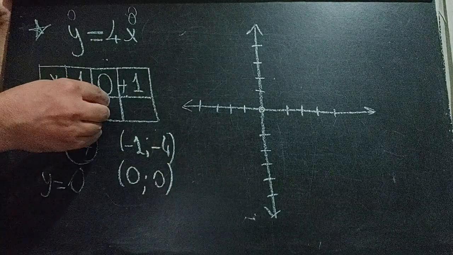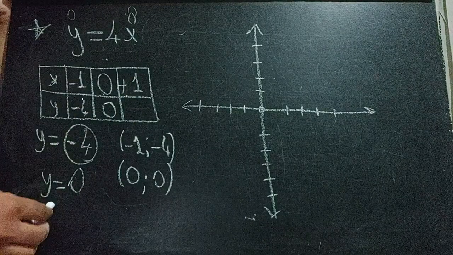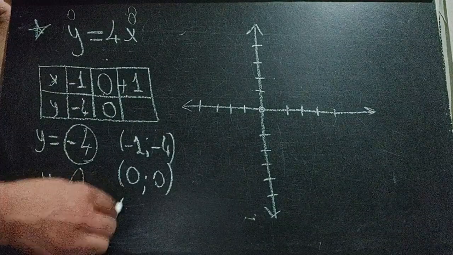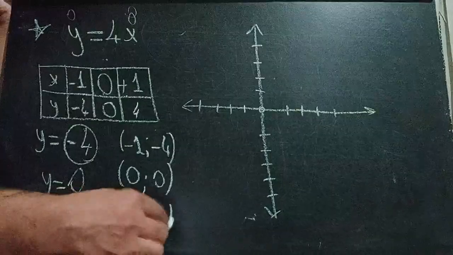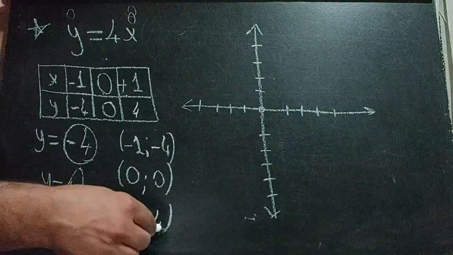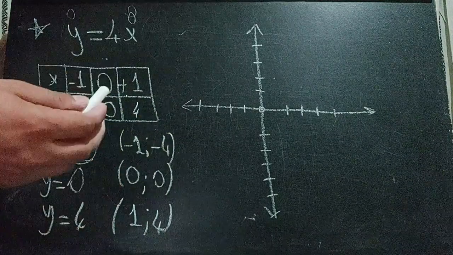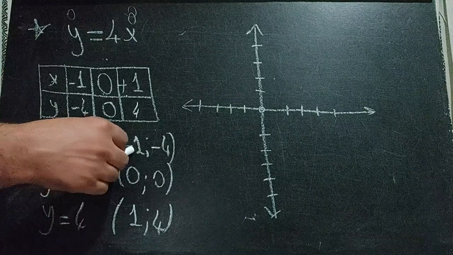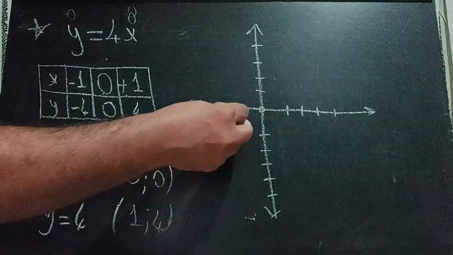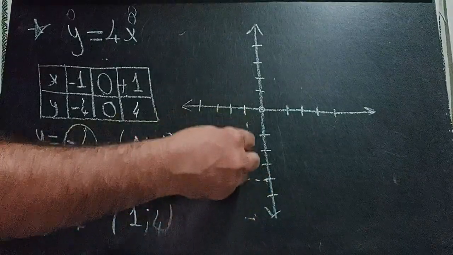And when I put positive 1, y is going to be 4, which is 1, 4. Now I'm going to find those points on the coordinate system and then join them to each other by a straight line. So this one is -1, -4, 1, 2, 3, 4. That will be somewhere there.